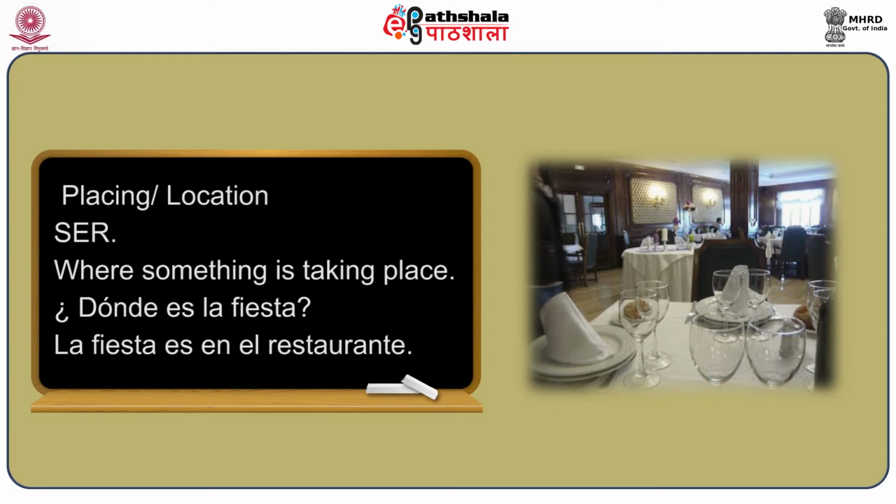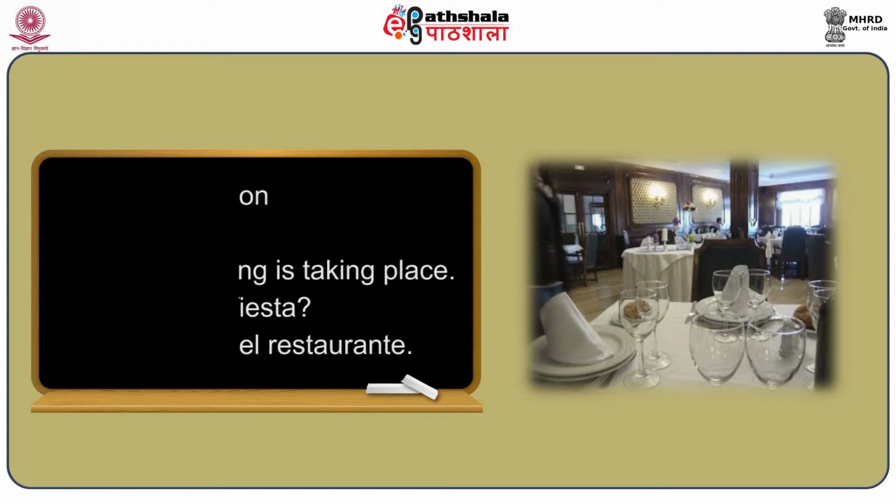For example, where something is taking place. ¿Dónde es la fiesta? Meaning, where is the party? And the reply will be la fiesta es en el restaurante, meaning the party is in the restaurant. So for something which is taking place somewhere, we use the verb ser.